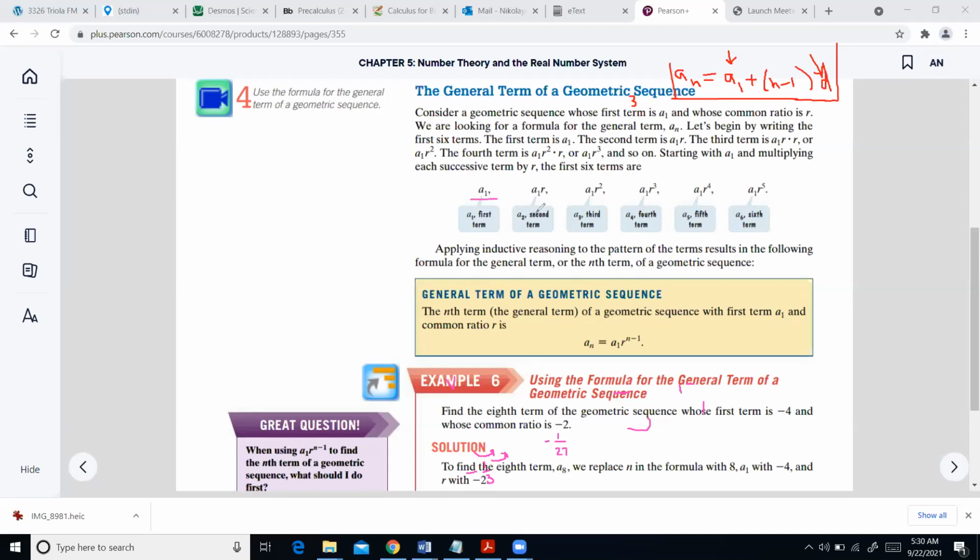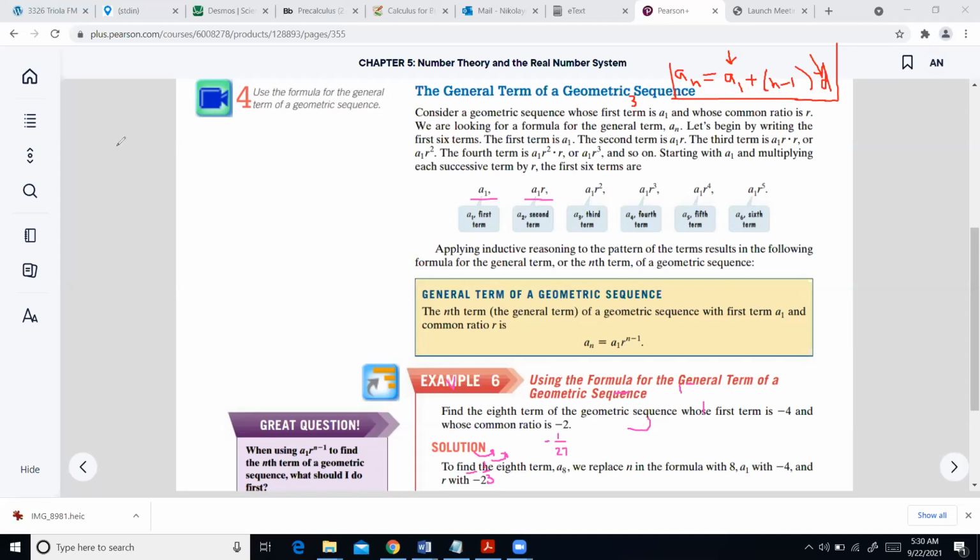That's always the same. Now to get to the next term, I multiply it by R. Why not difference? Well, they like to use the word ratio to associate with geometric sequence, to better show that we're actually multiplying here, not adding. So they talk about the ratio.